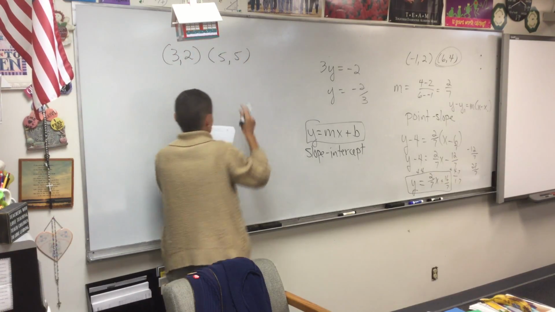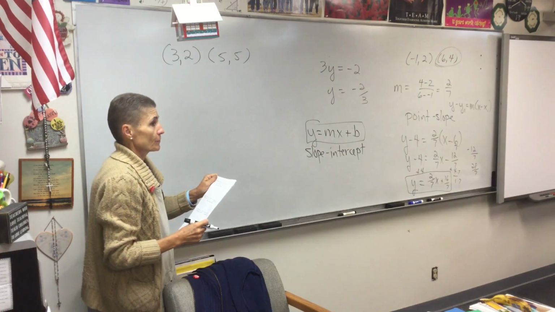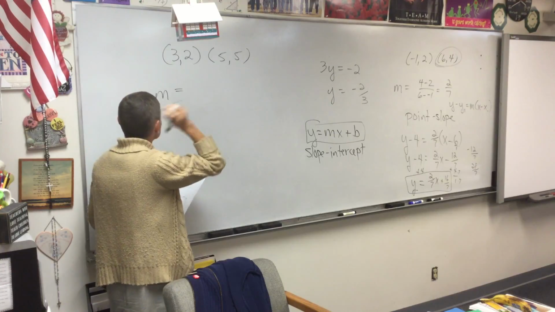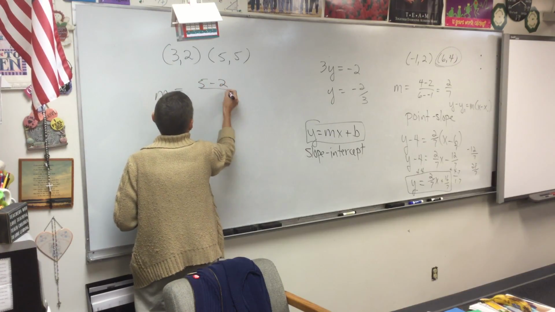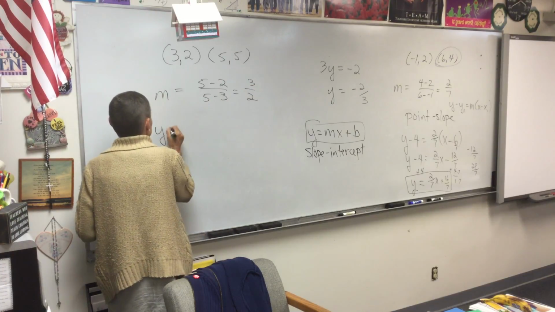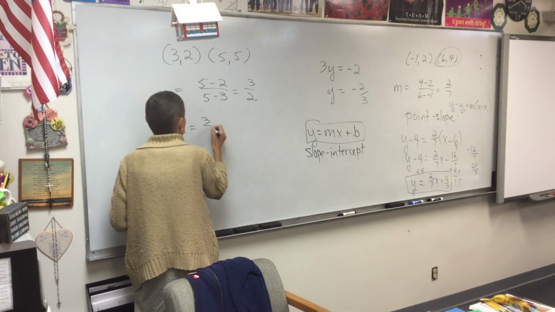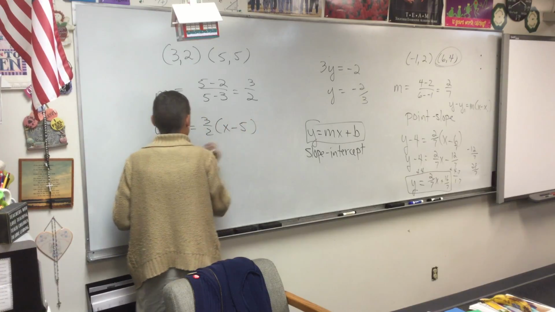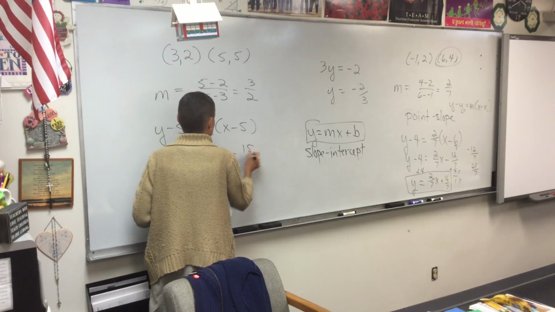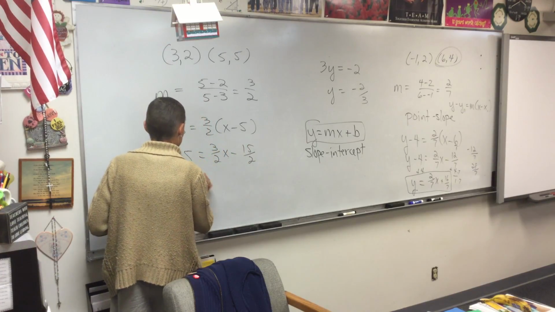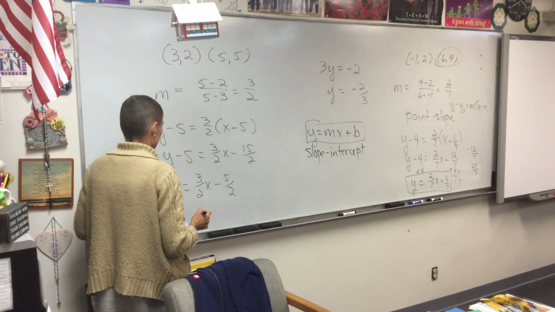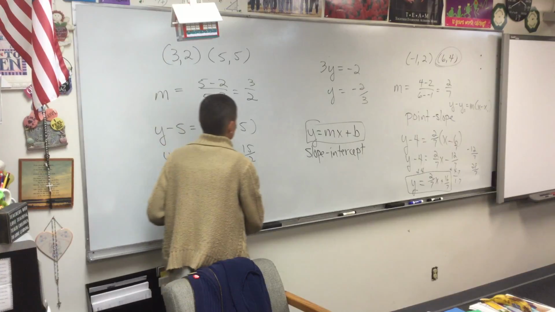You need the slope. You gotta find the slope first. Does it not matter? Remember you found out the one. Minus 5 is negative. But then it's a negative 2 over 2.